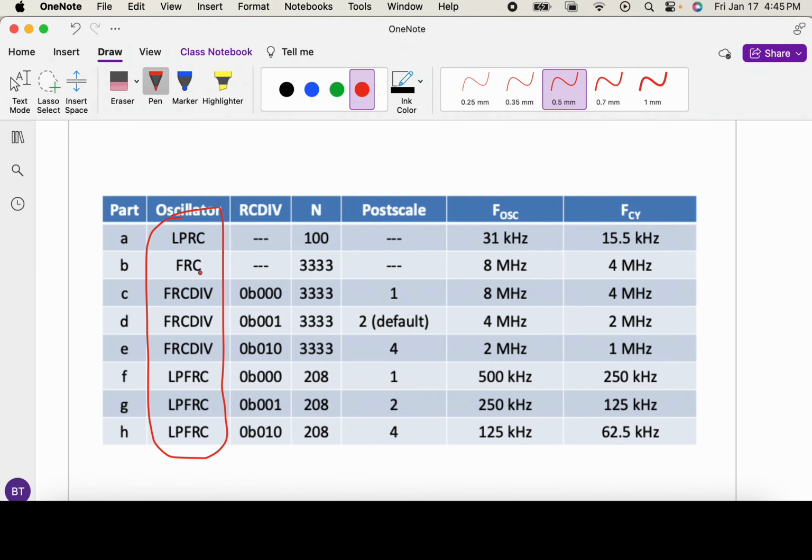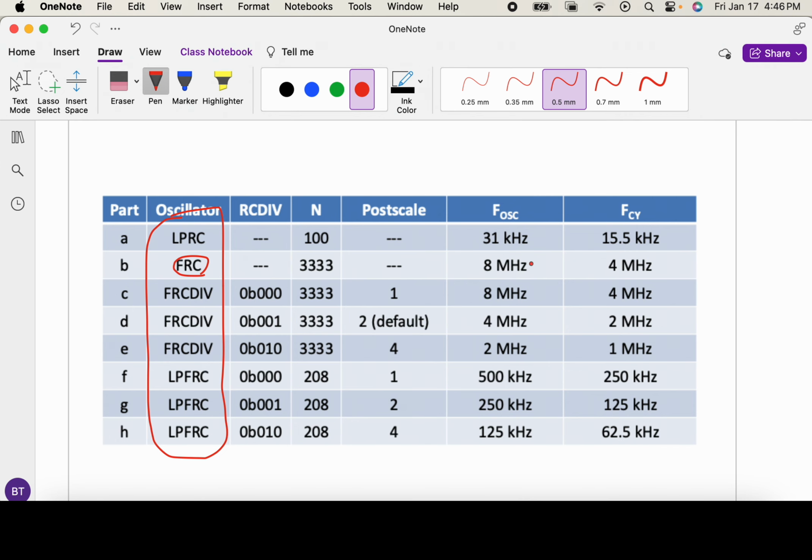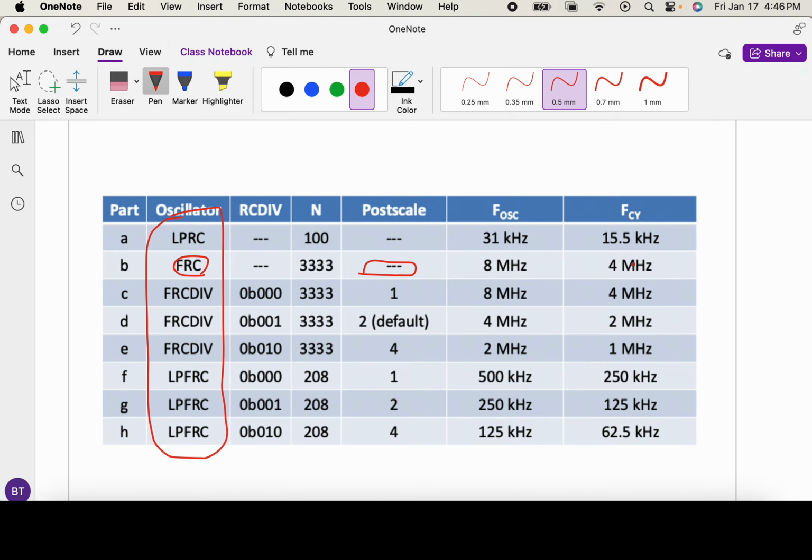So if we used, for example, FRC, that would give us an 8 megahertz oscillator with 4 megahertz clock speed, and FRC has no post-scaling option. So if you set FRC, you cannot post-scale. It's just going to give you the fastest execution time possible.